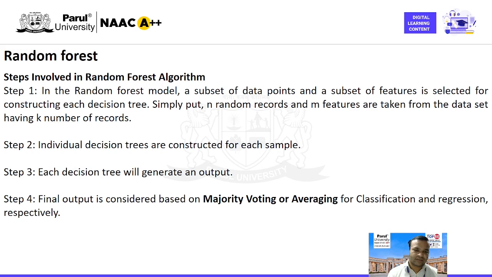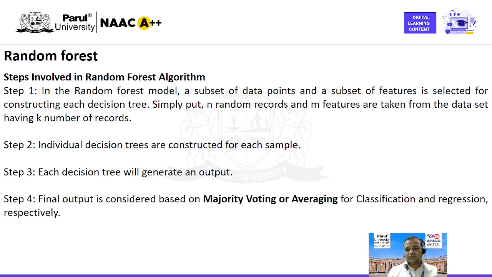There are some steps we follow in the random forest algorithm. Step number one: in the random forest model, a subset of data points and a subset of features is selected for constructing each decision tree. Firstly we select the subset of data points and subset of features for construction of each decision tree.